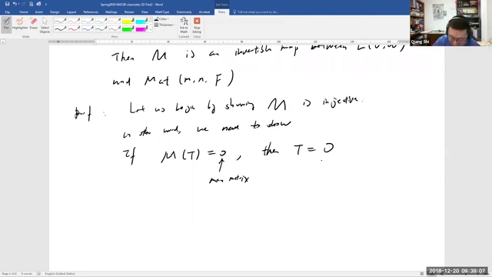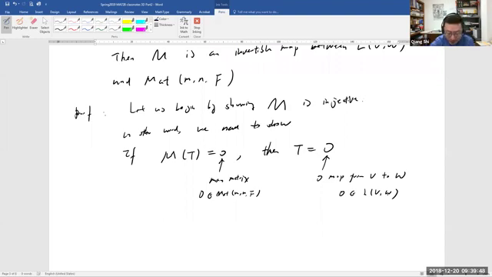And this 0 is the 0 map from V to W. In other words, this 0 belongs to Mat(m,n,F), and this other 0 belongs to L(V,W). Sometimes since the notations are really similar, we may not think about this carefully, but that's the meaning of each 0. So why does the matrix being equal to 0 lead you to see that the map must be 0?